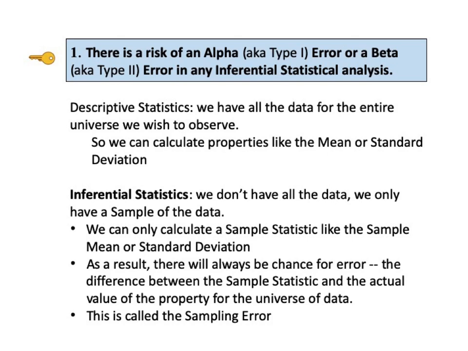The best we can do is collect a sample of data from the population or process and make an estimate from that. Since it's an estimate, there will always be a chance for error. This error is called a sampling error. There are 2 types of sampling error, and they are like mirror images of each other. It may be easiest to think of the 2 types of sampling error as false positive and false negative.